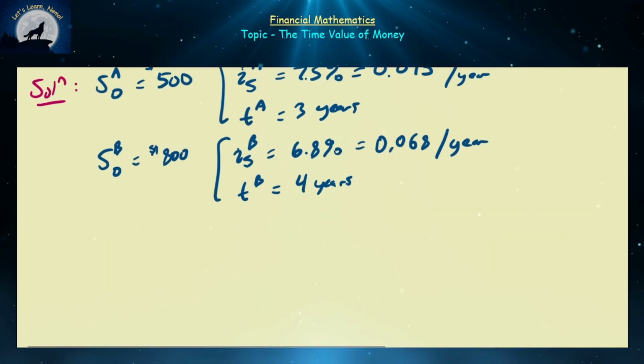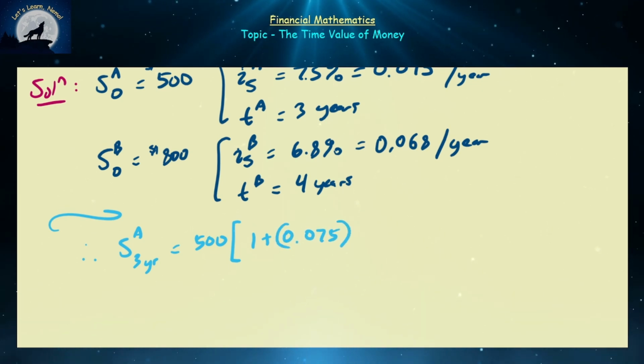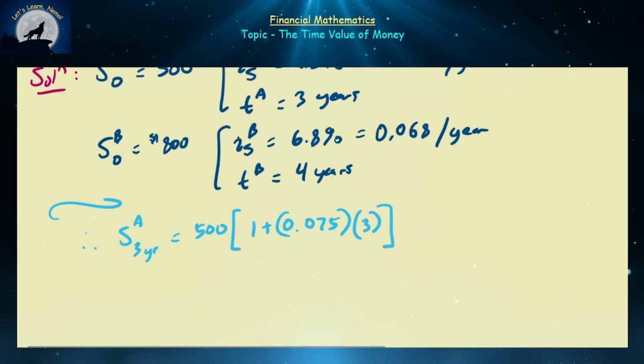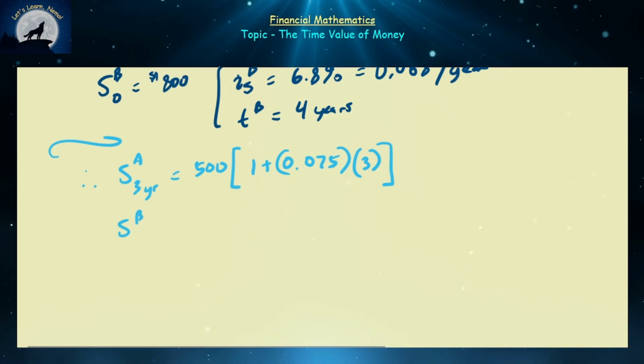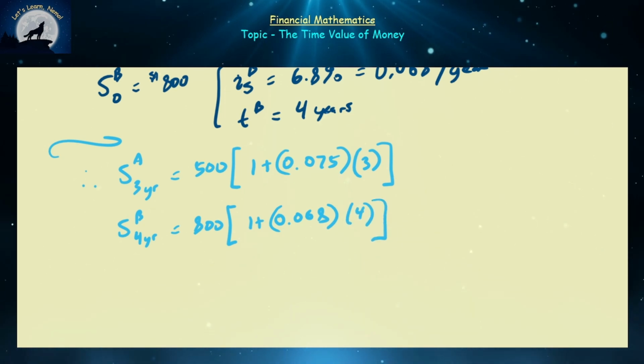So using our relation, what we're going to have is what? S_A after 3 years is going to be equal to the principal amount, 500, times 1 plus our interest rate, 0.075, times the length of that investment, which is 3. And similarly for B, S_B for 4 years, is going to be equal to the principal investment into that account, 800, times 1 plus 0.068 times the life of that investment, which is 4.